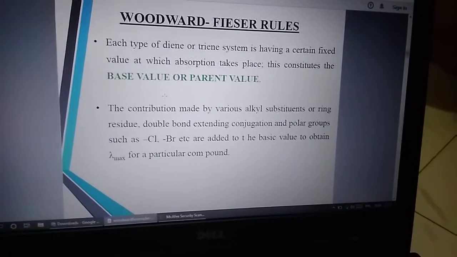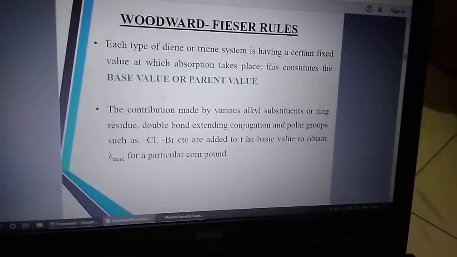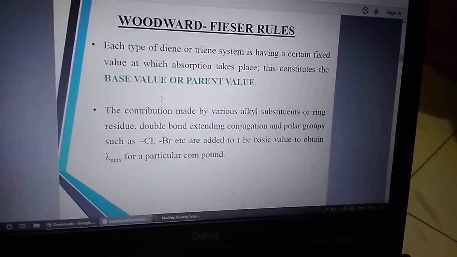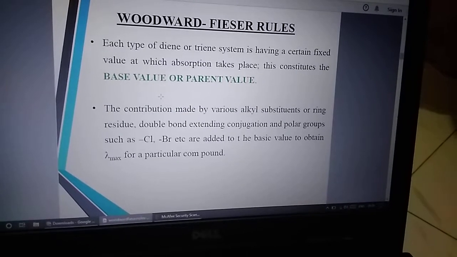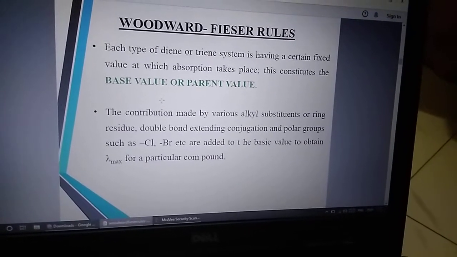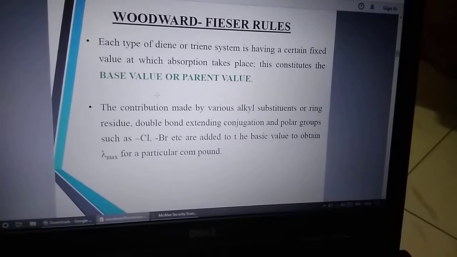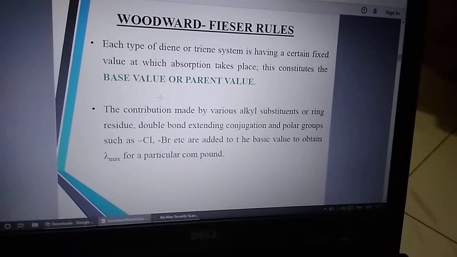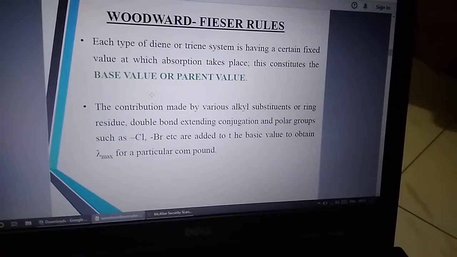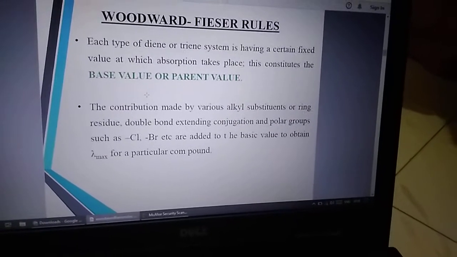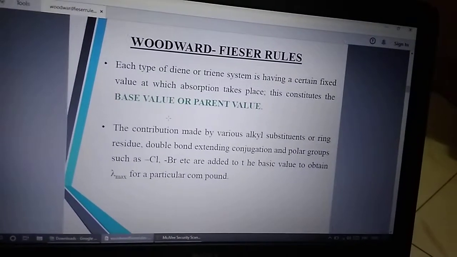Along with that, these functional groups have various substituents, which may be alkyl substituents, double bonds extending conjugation, or polar groups like chloride, bromide, and iodine. All these groups add some value to the base value. Both the base value and the substituent values contribute to the lambda max of a particular compound.